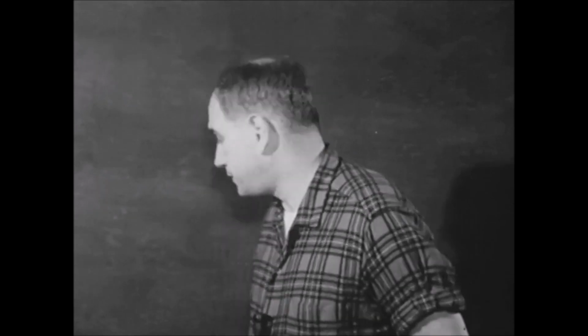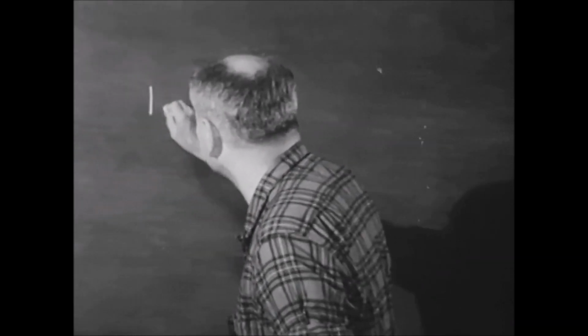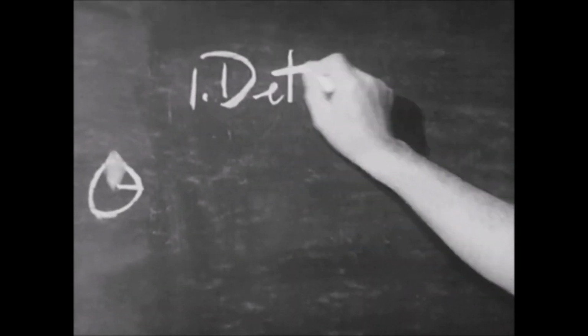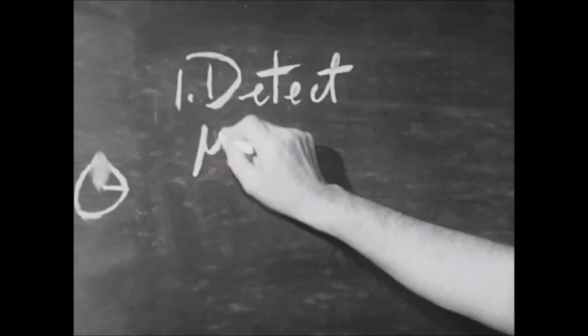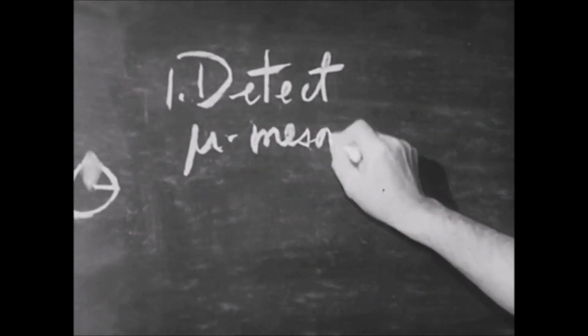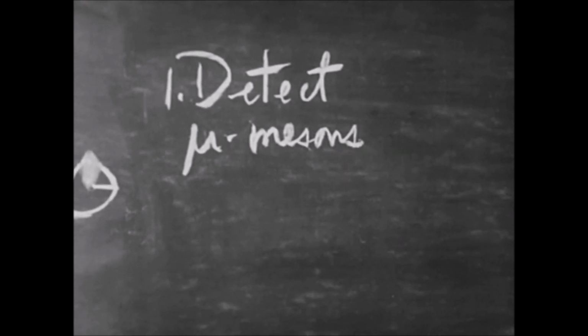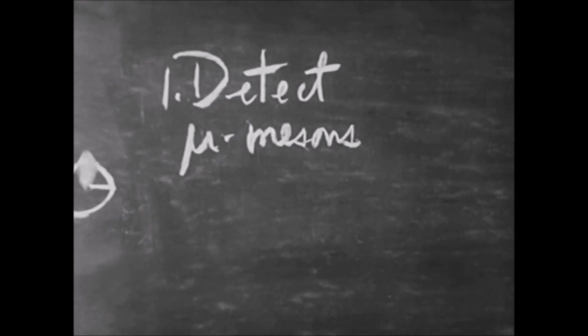These clocks we're going to show you. These are mu mesons, charged radioactive particles in the cosmic rays. First we have to detect them. So, detect mu mesons. Then we'll stop some of these mu mesons to measure the distribution of their radioactive decay times.